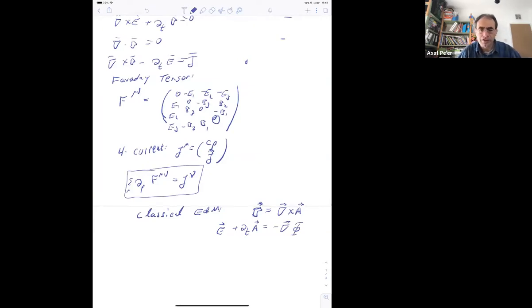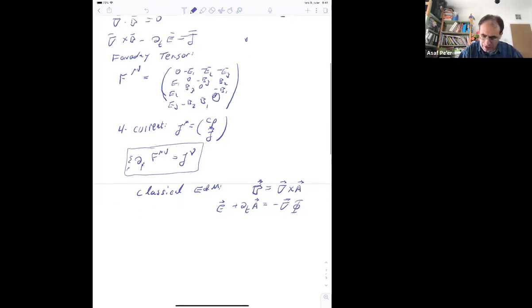So we had two potentials, scalar and vectorial. They don't play a role directly because we don't measure these potentials, we just measure the fields. But as you're going to see in quantum mechanics, this is going to change. We actually do have effects that depend on the potential, such as the Aharonov-Bohm effect.